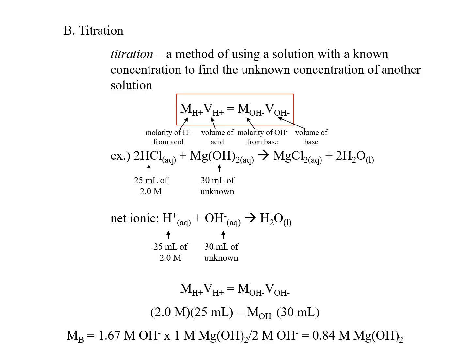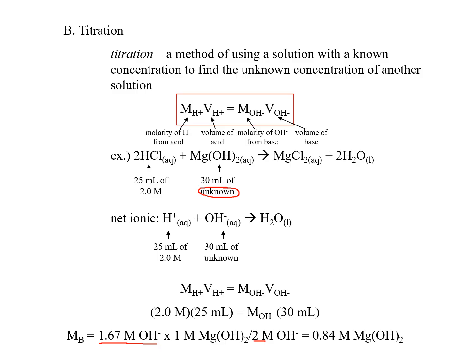Now, here's the issue. This is the molarity of the OH negatives. But this wants to know what's the molarity of MgOH2. Now, MgOH2 has 2 OHs in it. So we're going to have to divide this number by 2 to get our actual answer.